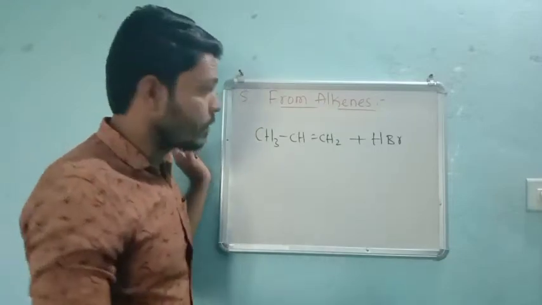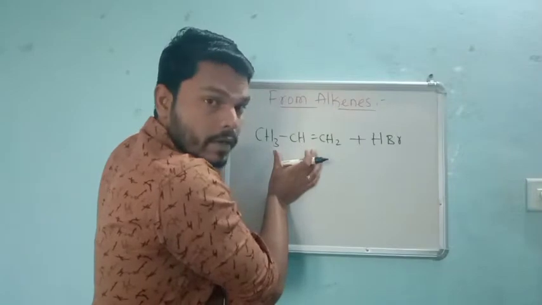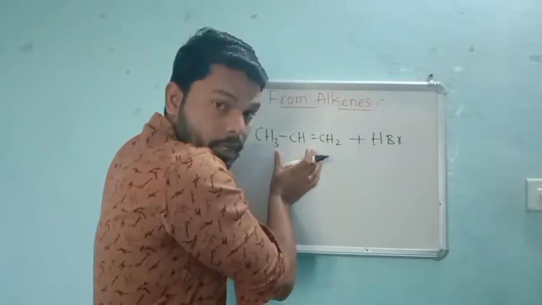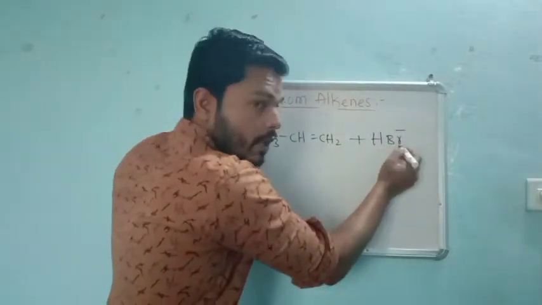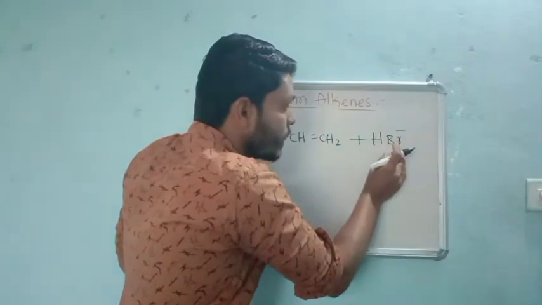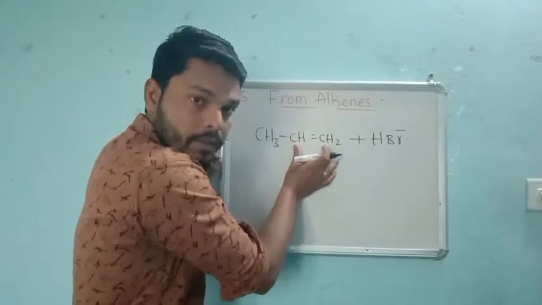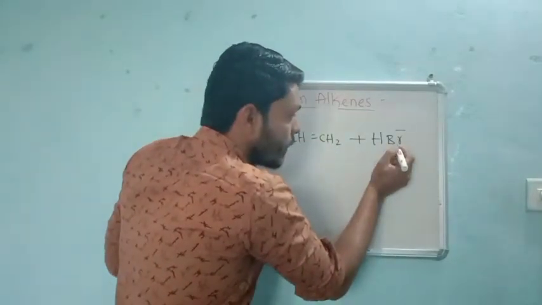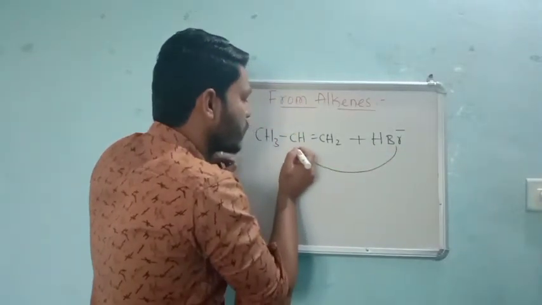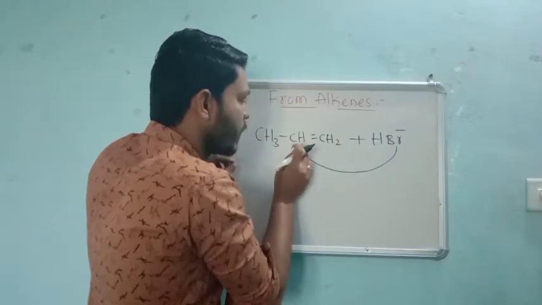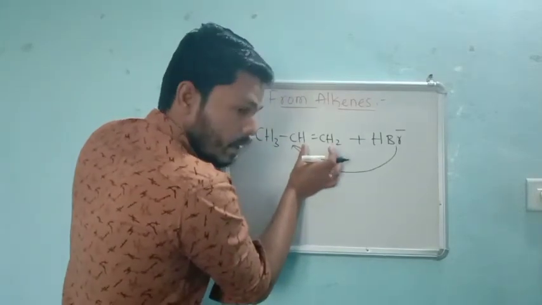In Markovnikov's rule, we see HBr as a reagent. Now the definition: according to Markovnikov's rule, in an unsymmetrical alkene, that is 1-propene, the negative part of the reagent, which here is Br, will go and attach to the double bonded carbon atom having fewer hydrogens, not the single bonded carbon.